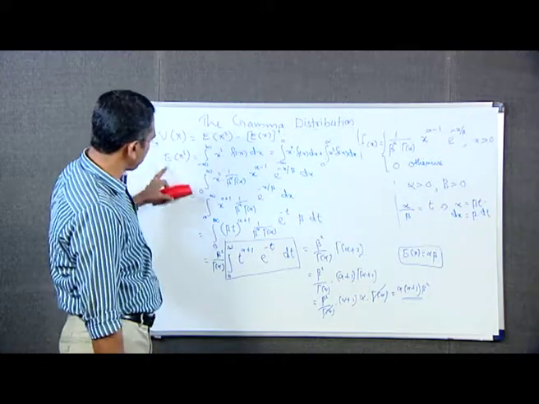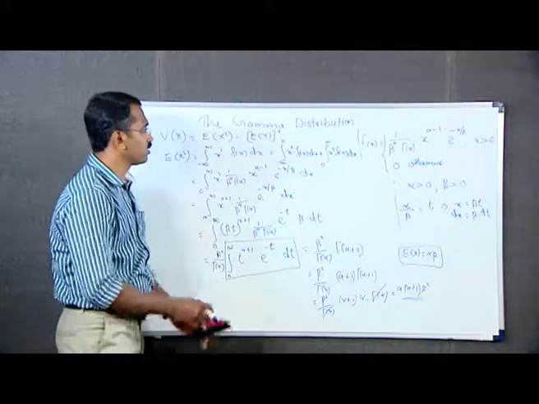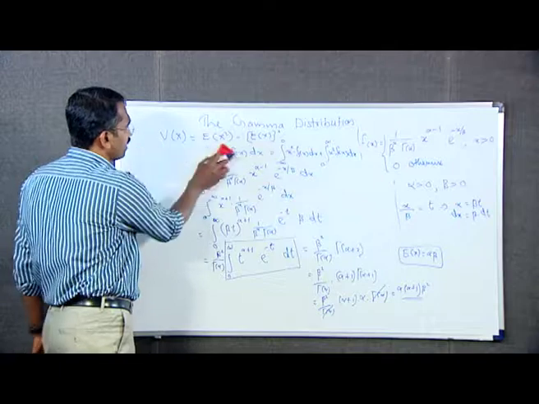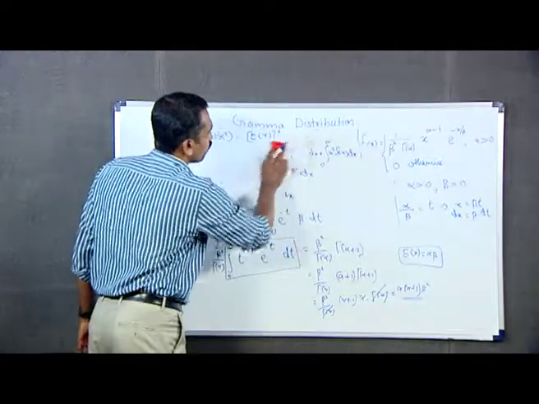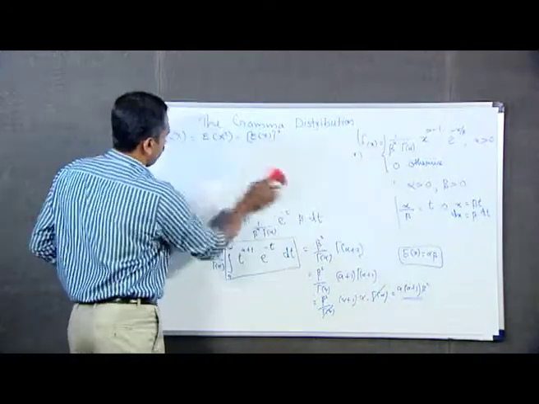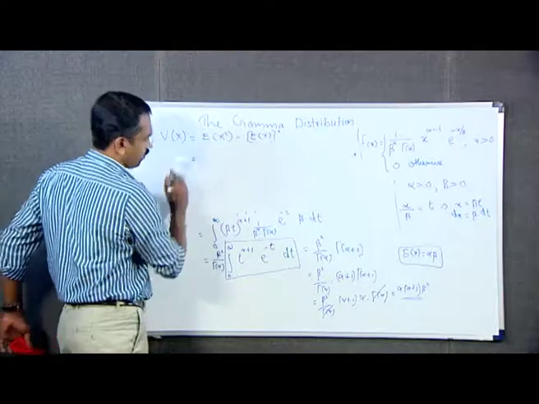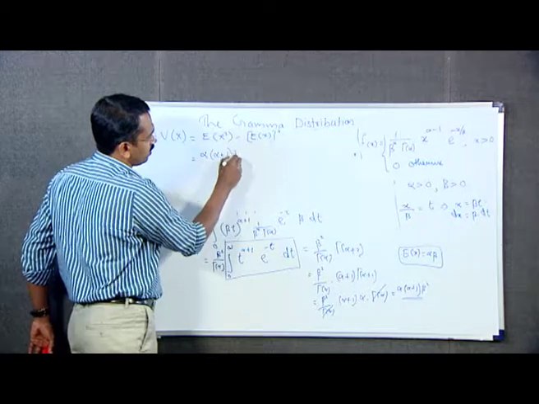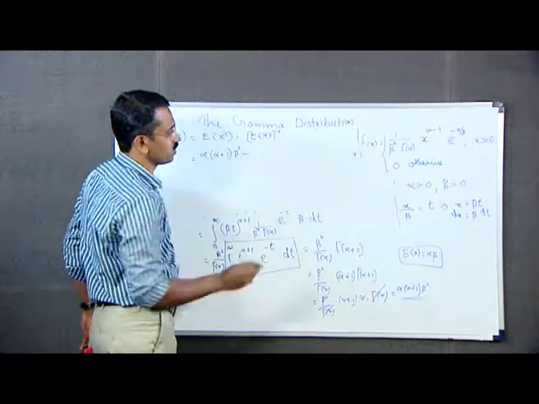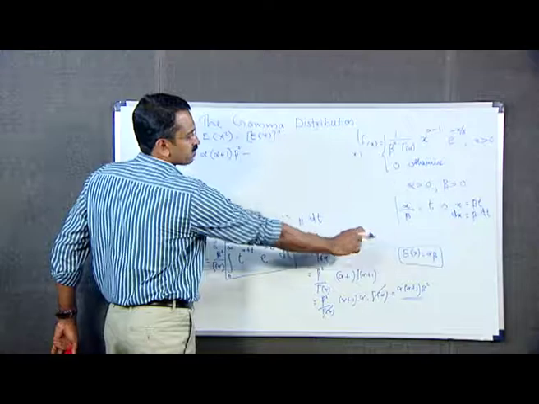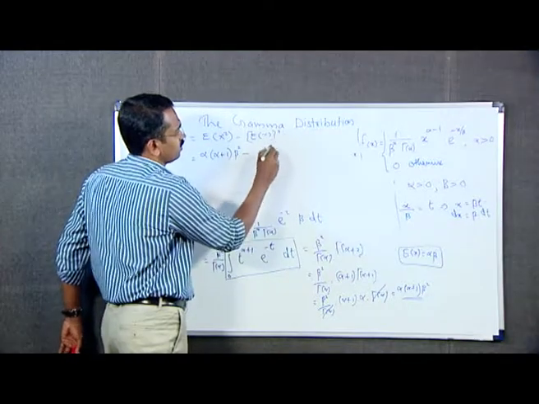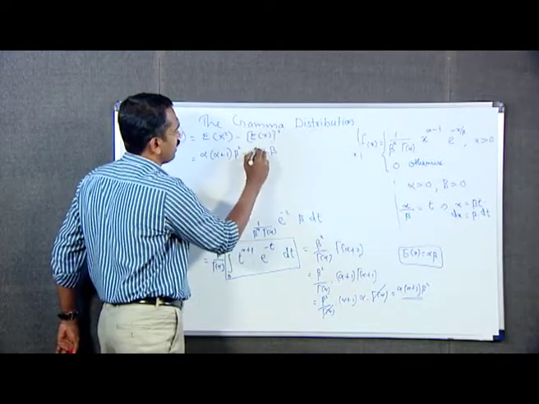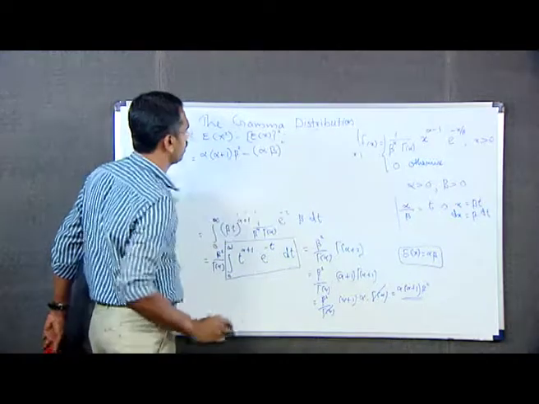This is the expectation of x square. Therefore, variance of x is equal to alpha into alpha plus 1 beta square minus expectation of x, which is alpha beta; E of x whole square means alpha beta square.